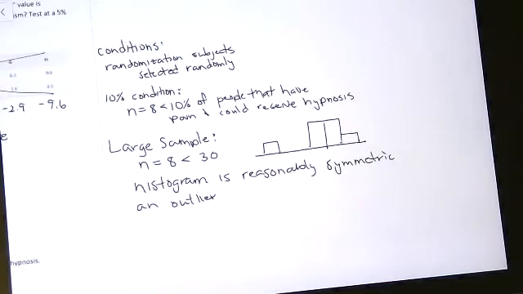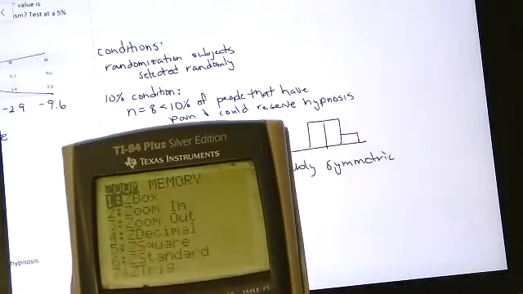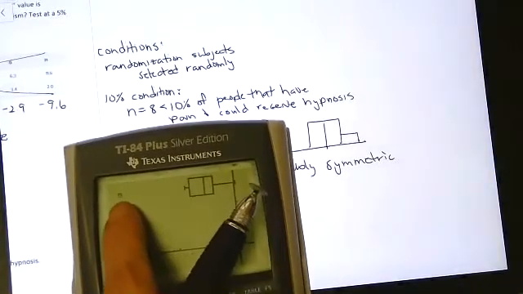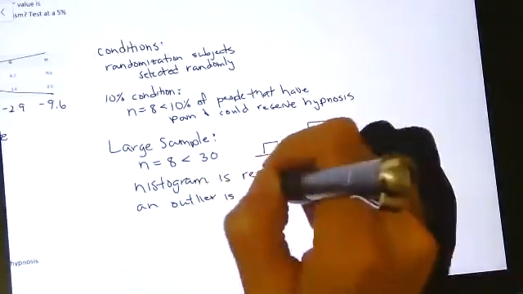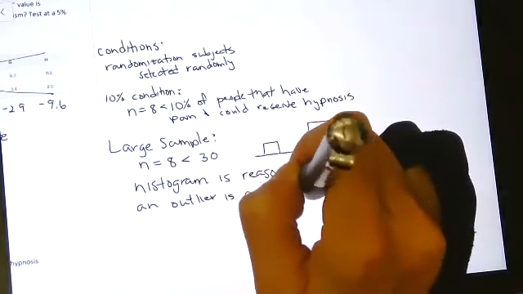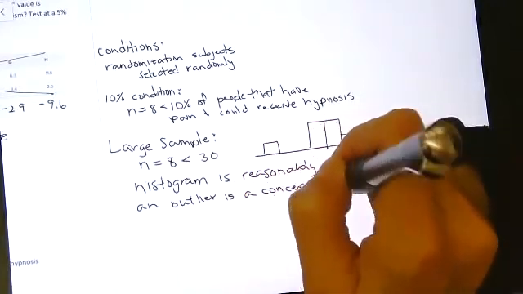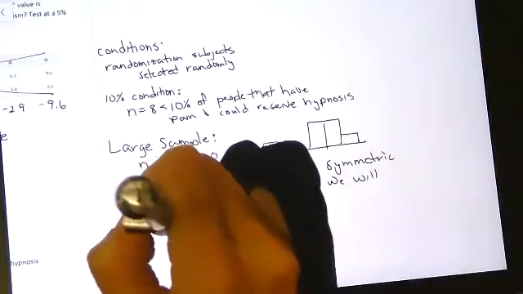I'm even going to do a box plot, and the box plot will confirm whether it is considered an outlier. The box plot shows little outliers right there. Yep. An outlier is a concern. We will proceed with caution.